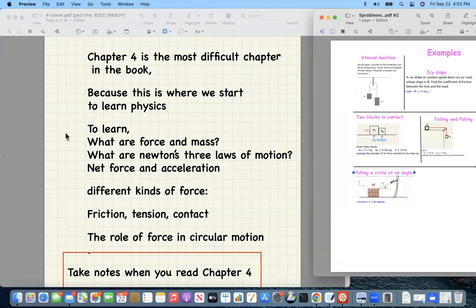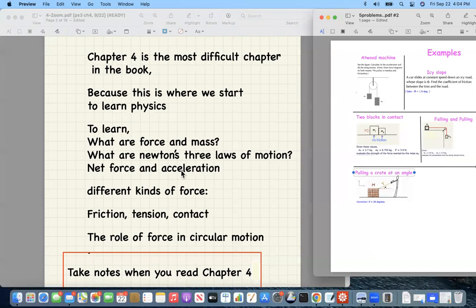In particular, there's Newton's second law, which is an equation. It's the equation of motion when force is involved. It relates the net force on an object to the acceleration. Now, we've already studied acceleration in the previous chapters.